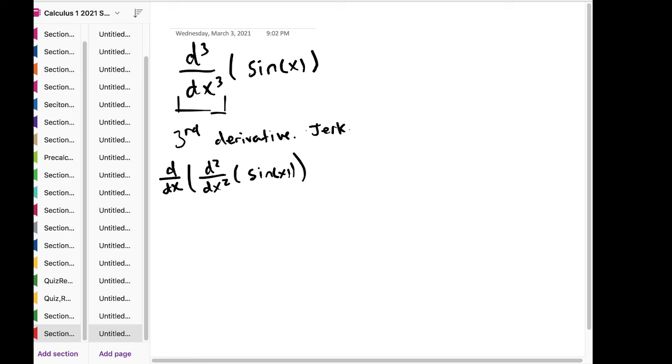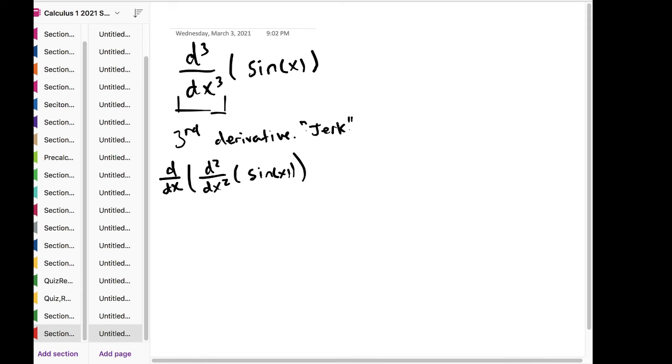They exist, of course, but they get less needed the more derivatives you go down, because they might be constant at some point. But at least for the third derivative, there is something called jerk. It's the change of acceleration.